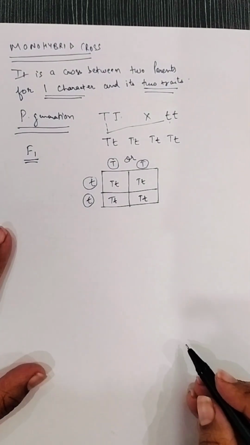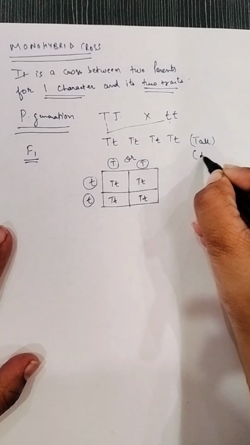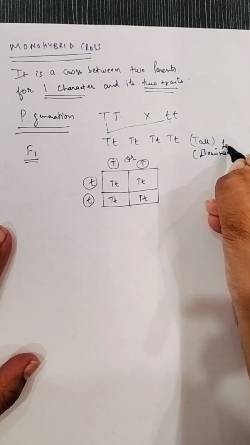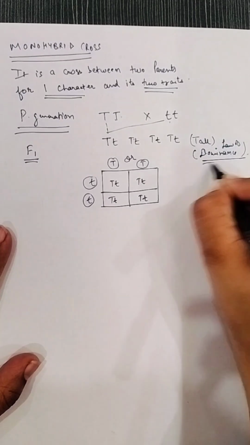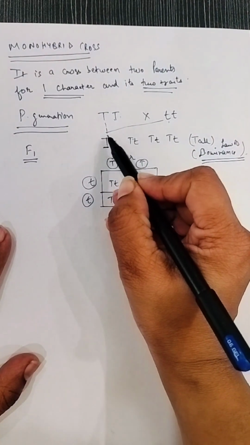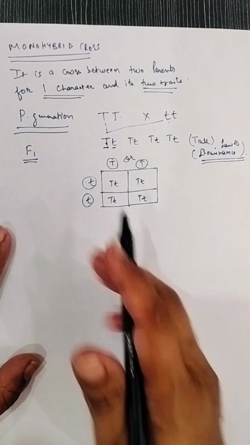All the F1 individuals are tall, and this is because of law of dominance. Because one dominant allele masks the effect of recessive and the dominant is only going to express.